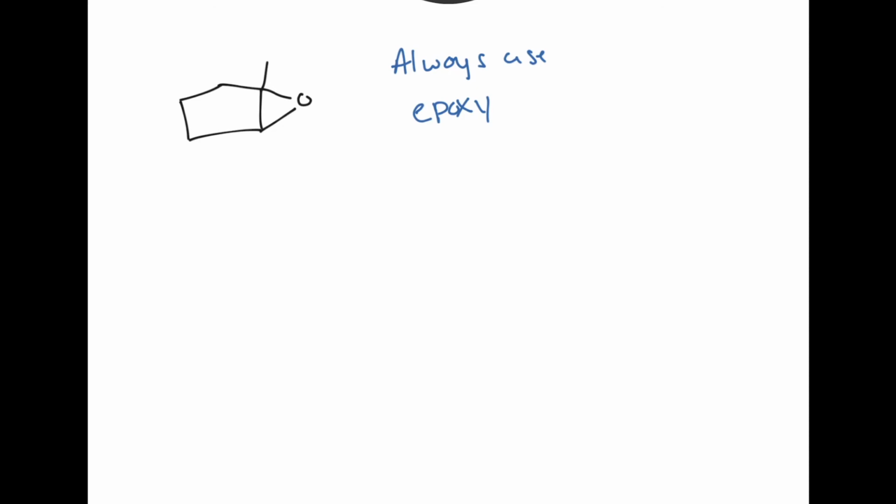Right? I think it's just way harder. You've got these two rings fused together. It's just easier to have a substituent and say, hey, it's 1,2-epoxy-1-methylcyclopentane. So when you have a ring, just default to the epoxy. But the other two, either way works.